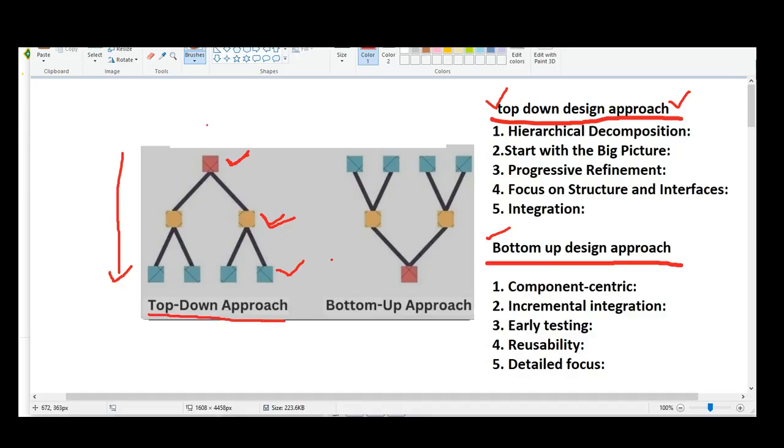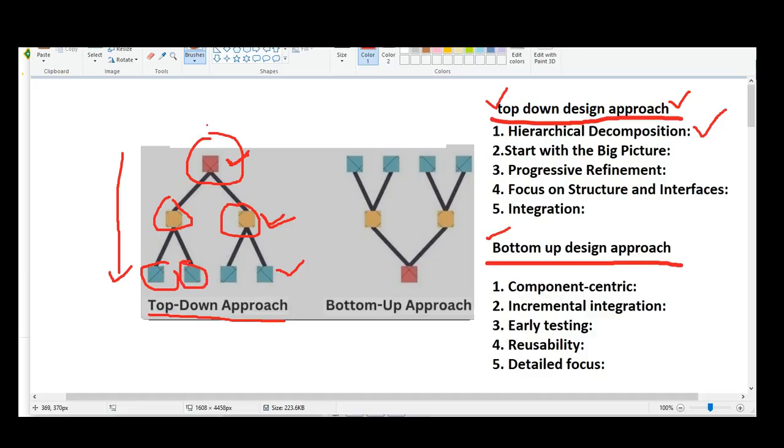Next, observe the characteristics of the top-down design approach. The first one is hierarchical decomposition. Hierarchical decomposition means the main problem will be divided into small problems or subparts. Again, these subparts are divided into subparts, and again subparts.